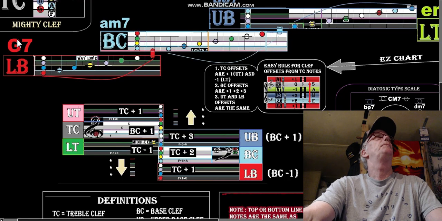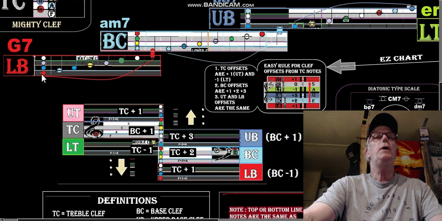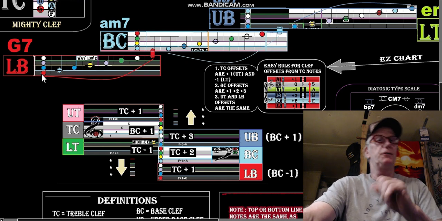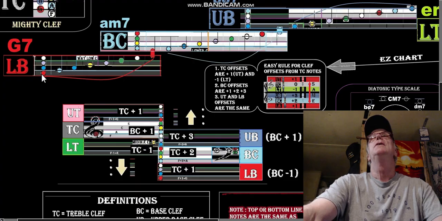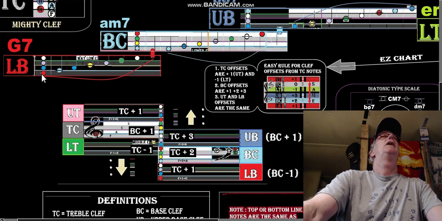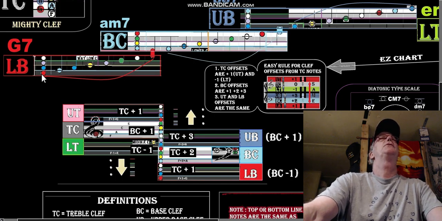But before we do that, let's look at some offsets here. We've got the lower bass here, and this note is shared. So this is going up in a modal way now. Remember, this is the chart after the first one. This is chart 514, multi-staff notes and lines.